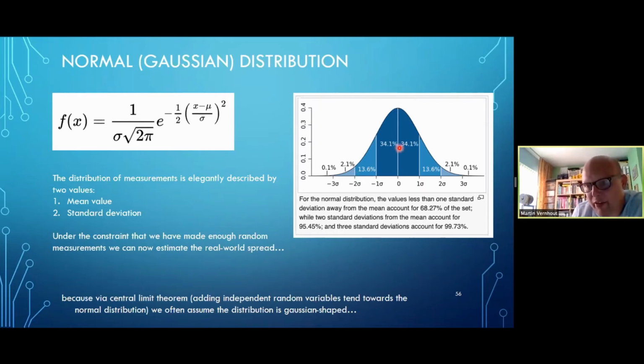So if I measure 5 times an arrow, I can calculate the mean, that's the center of the arrows, and I can measure how far they are grouped apart, and that will tell me if it is a normal distribution or not. Now, most things in real life, because of the central limit theorem, are normally or Gaussian shaped. So sometimes we just need to add that as a given.